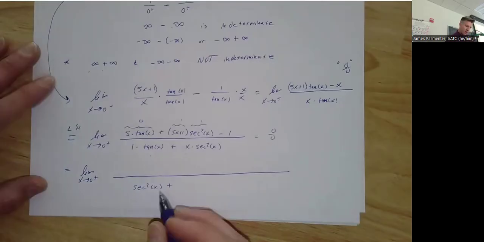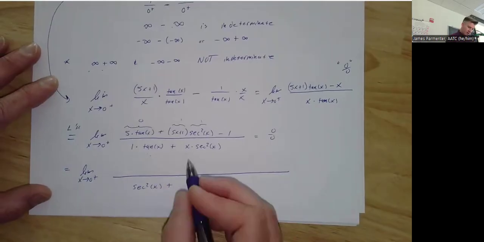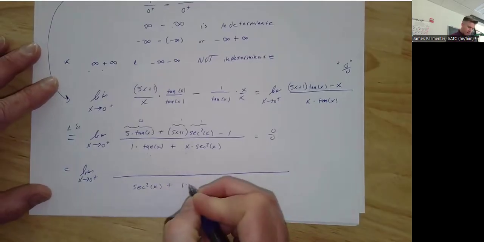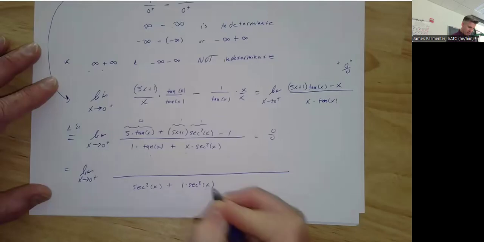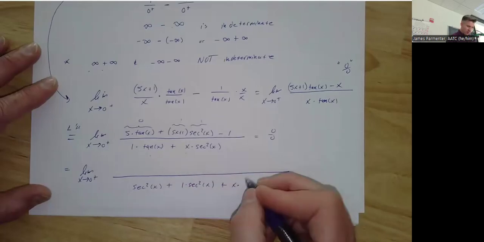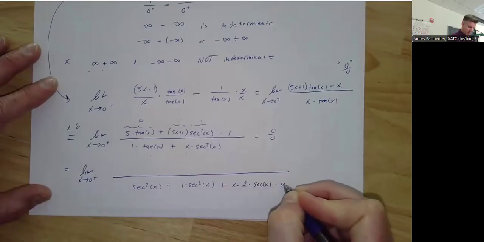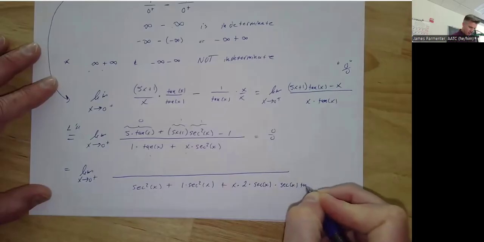No, that's not better. Okay, so sorry. I'll tell you what my thought was after we finish this. Derivative of this, you're going to get 1 times secant squared of x plus x times the derivative of secant squared, which is 2 times secant to the first, times the derivative of secant, which is secant times tangent.